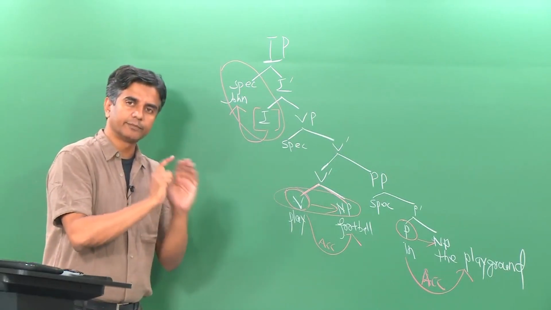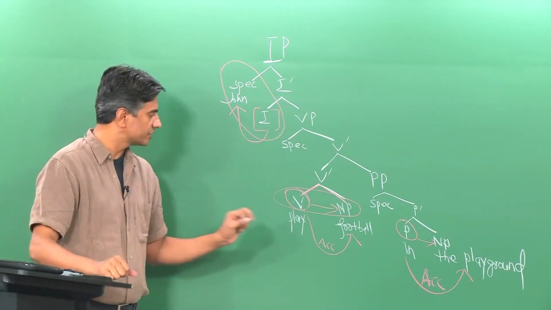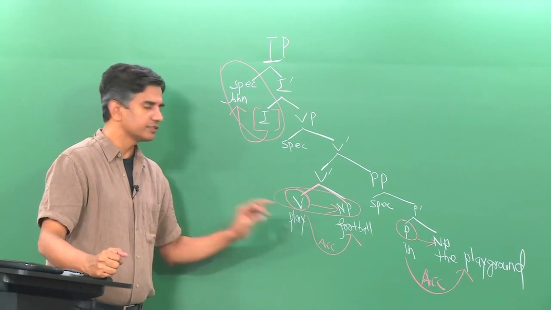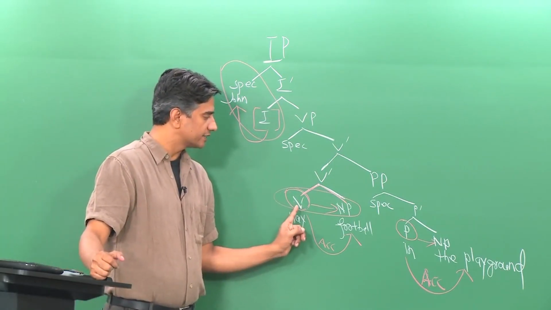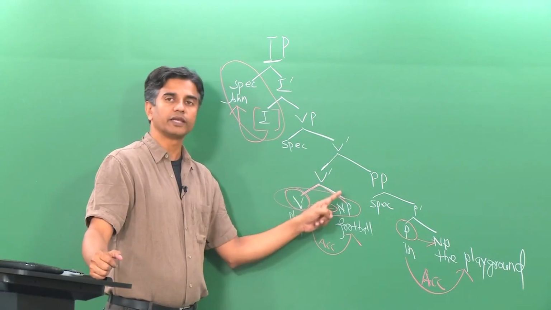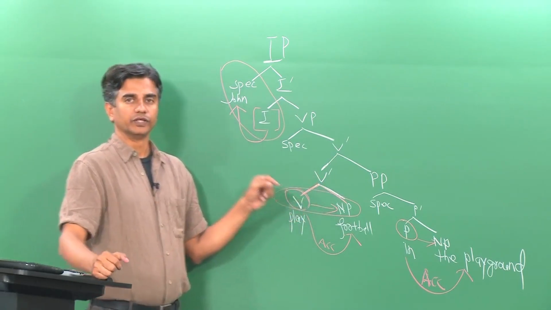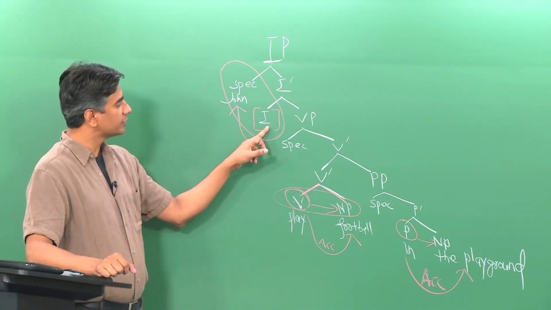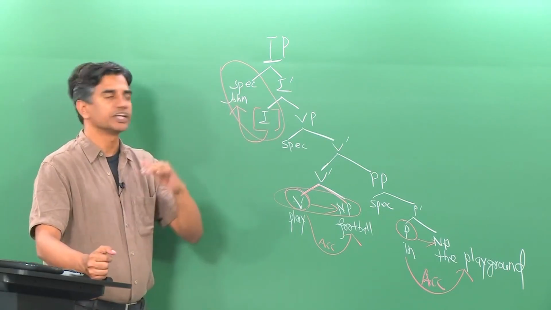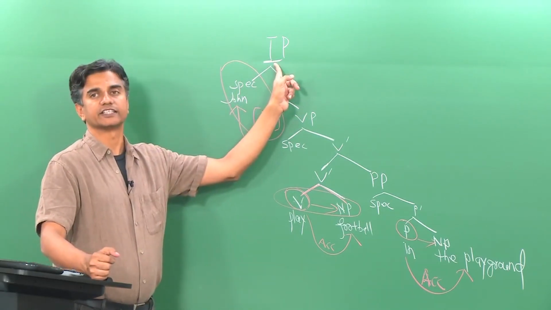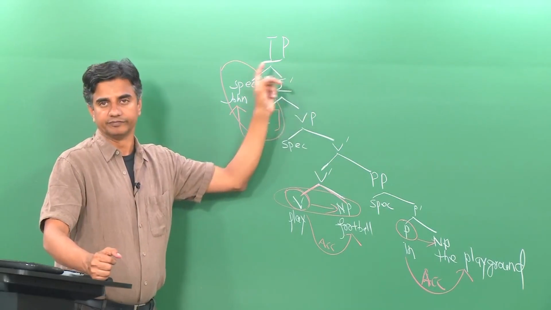We will leave it there, but just a brief point to mention: the notion of C command very briefly applies to the head when it is dominated by the same node. The notion of M command applies to the head when the head and the specifier both share the same maximal projection, in this case IP.